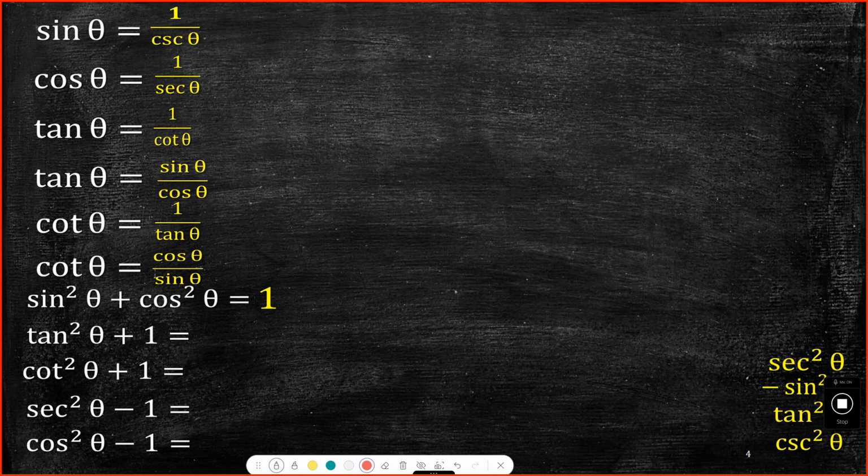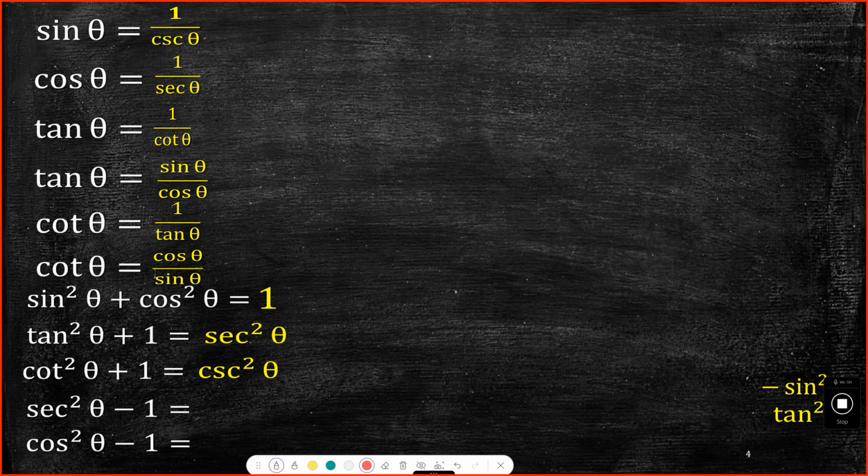SEC squared theta? What is cotangent squared theta plus 1 equal to? CSC squared theta, because it starts with the C. Cotangent squared theta plus 1 equals cosecant squared theta.